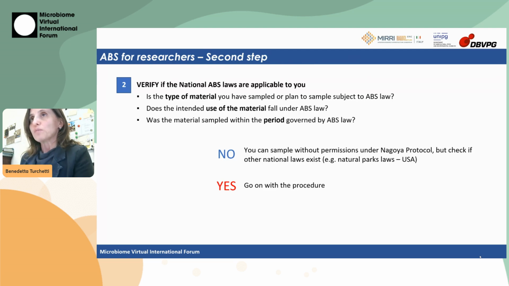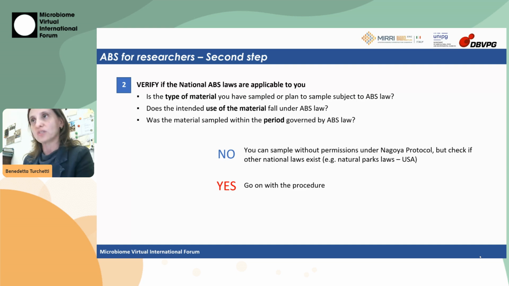After getting information and understanding whether the country you are interested in is part of ABS, of the Nagoya Protocol, the second step is to understand if you must apply, and verify if the national ABS laws are applicable to your research.